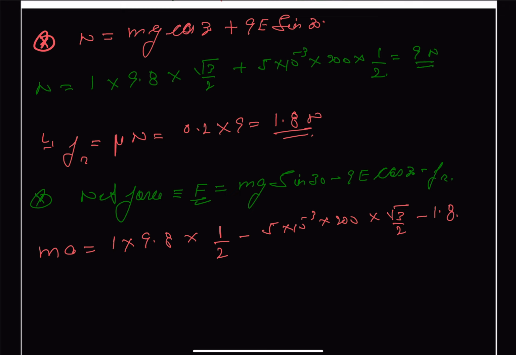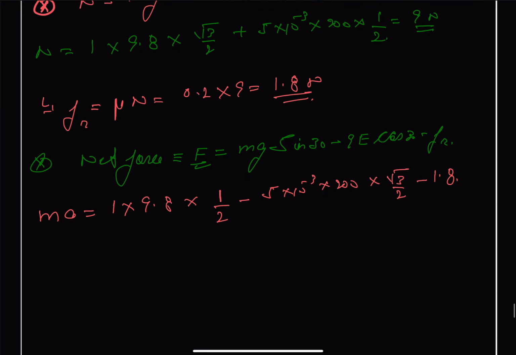Therefore, since our mass is 1, we can just ignore it. So our acceleration will be 2.34 meter per second square.